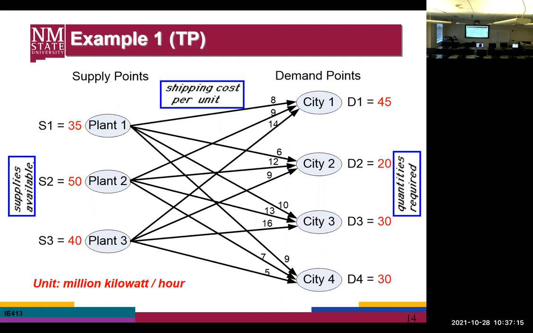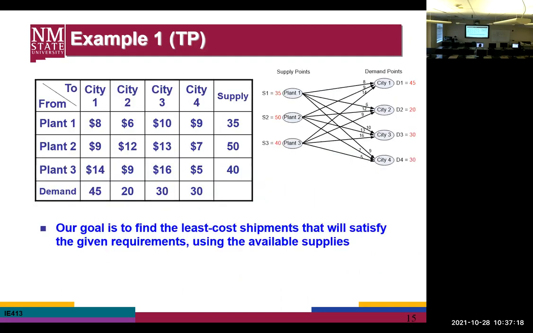And given the information, I can make a nice parameter table like this, which summarizes all of the critical information. In this table, I have listed sources in each row and destinations in each column, right?